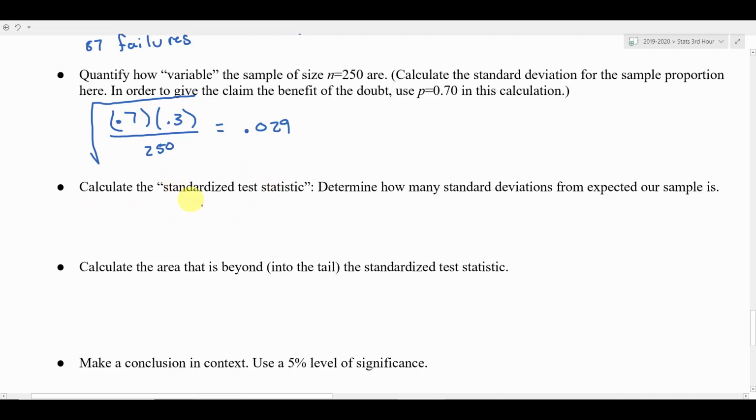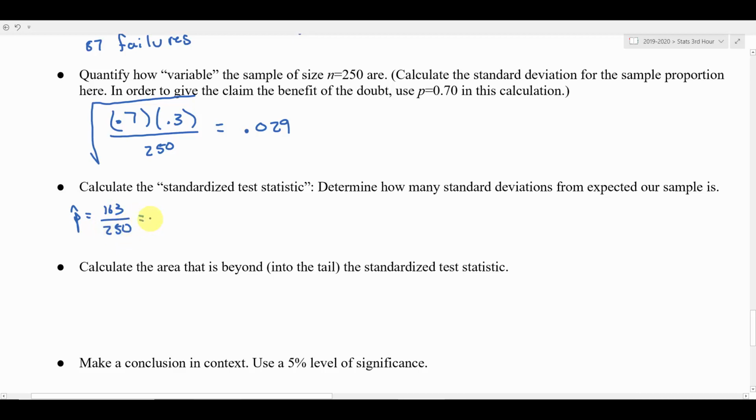Now we want to calculate the standardized test statistic. We want to determine how many standard deviations from the expected value our sample is. So we're going to take our sample statistic and subtract it from the expected value. I have to figure out what p hat is, and to do that, I just take 163 and divide it by 250.